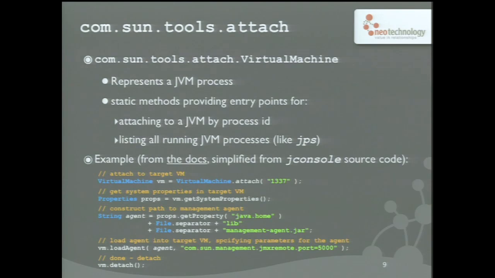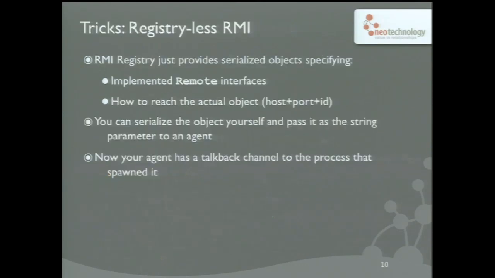If I have multiple databases running on the same server, I connect to all of them and say I want to add this functionality to all. It's kind of handy. And usually the functionality I add is that I start a port where I can get remote shell access to it, because the database doesn't start with that normally.